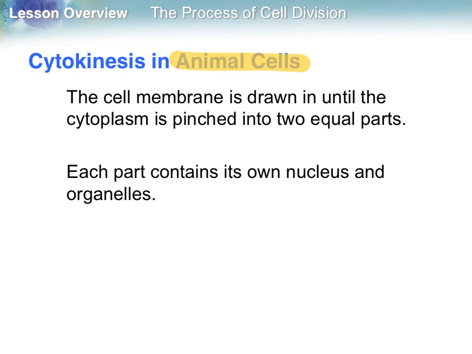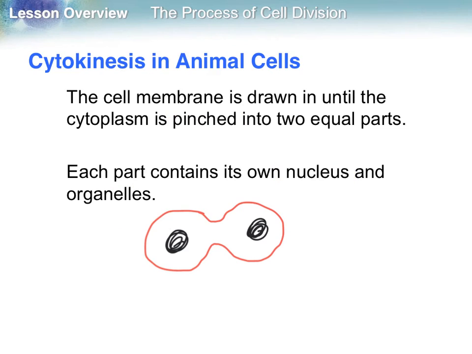In animal cells, the cell membrane is drawn or pinched in the center into two equal parts, and each part contains its own nucleus and individual organelles. So here we have what cytokinesis is looking like.